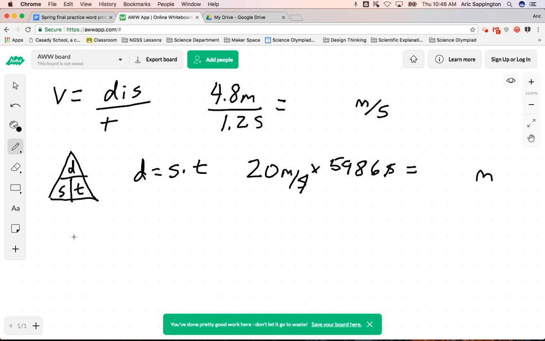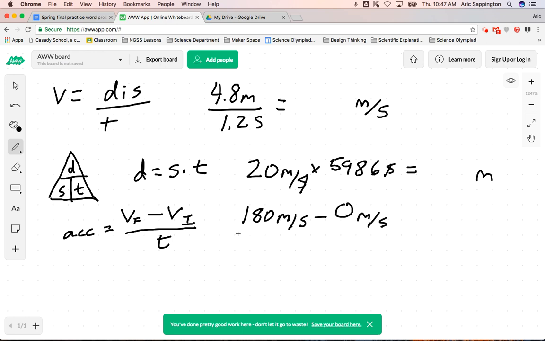Number three is an acceleration problem. So we're going to deal with our final velocity minus our initial velocity divided by time. And so our final velocity is going to be 180 meters per second. And our initial was not moving, so that's 0 meters per second.